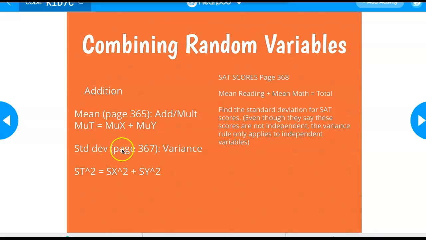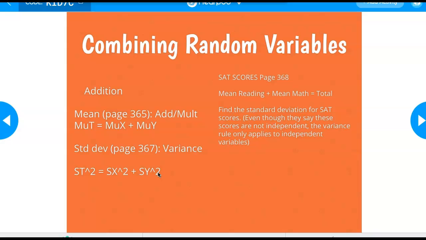The formula for standard deviation is not adding standard deviations together, it's adding variances together. We'd add variances. Standard deviation squared equals standard deviation of x squared plus standard deviation of y squared. So that's the rule for standard deviation for combining random variables.